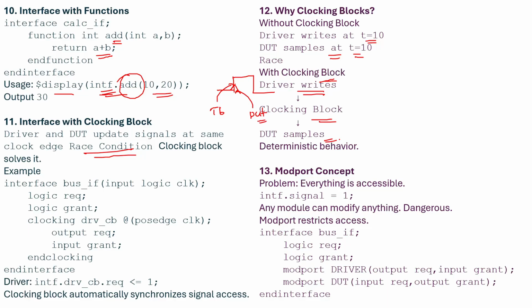Whatever the TB gives as inputs to the DUT will be treated as an output of the testbench. Are you getting my point? And then the DUT gives the outputs. Whatever the DUT outputs will be treated as inputs to the testbench. Clear? So that direction we will decide in the modports.